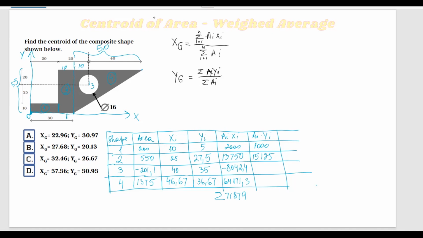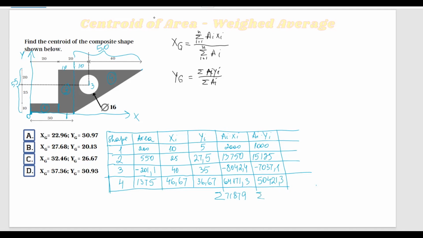Next, we have negative 201.1 multiplied by 35. This is 7,037.1. And finally, 1,375 multiplied by 36.67. This is 50,421.3.